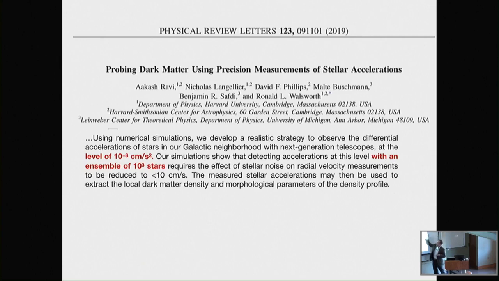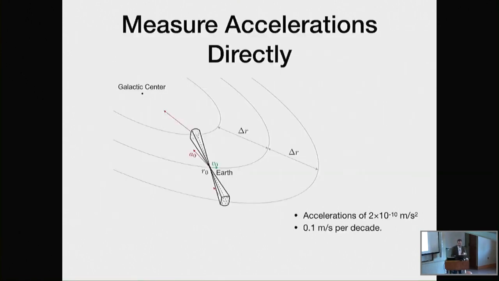And if we have an ensemble of about 300 stars, about 1,000 stars in a few kiloparsec volume in the local solar neighborhood, we can determine the dark matter content.